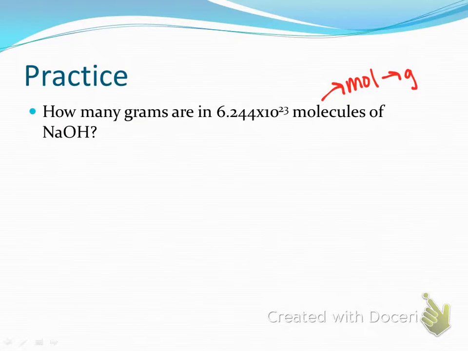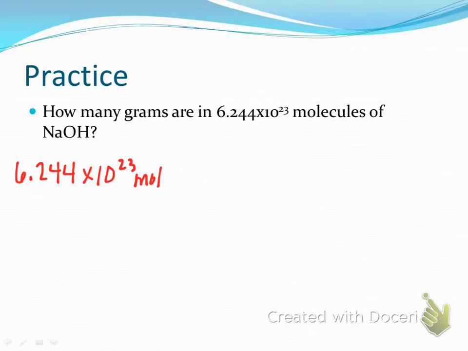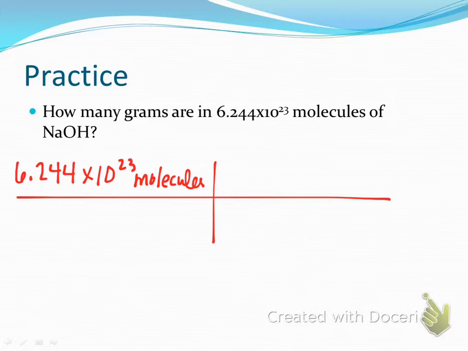Okay, so I'm going to start with what I know. 6.244 times 10 to the 23rd molecules. Is that greater than or less than Avogadro's number? Greater than. So we know we're dealing with more than 1 mole of something. So if I want to go from molecules to moles, molecules has to go on the bottom, moles goes on the top.